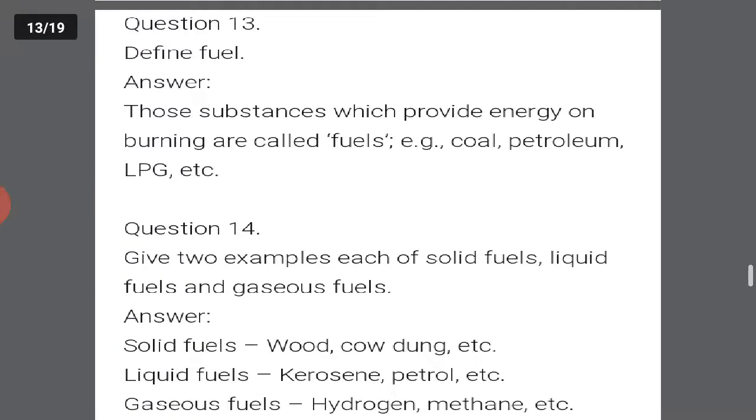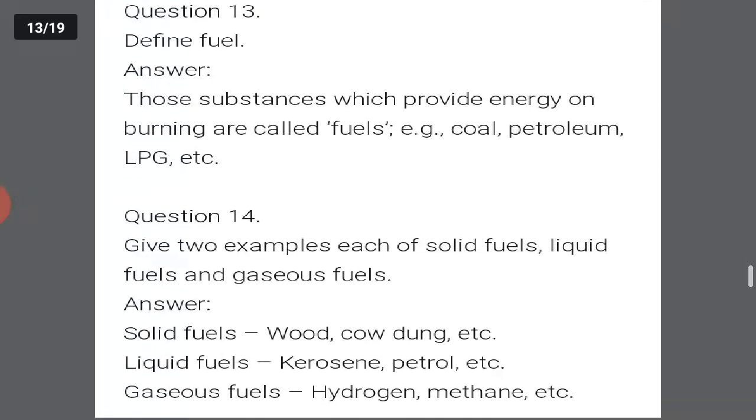Next is define fuel. Those substances which provide energy on burning are called fuel. Coal, petroleum, LPG, CNG, diesel, petrol, these are fuels. Give two examples each of solid, liquid, and gaseous fuel. Solid: wood, cow dung. Liquid: kerosene, petrol, diesel.